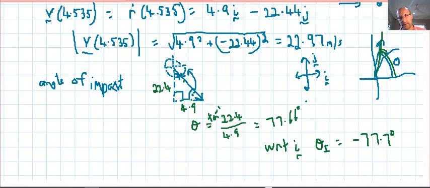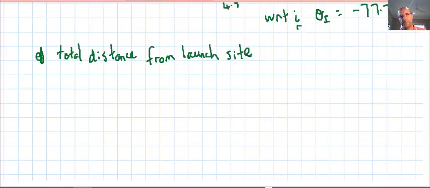Last part of the epic video, total distance from the launch site. Remember, they're not on equal ground vertically, and it's gone a distance horizontally, so it's actually going to be a displacement job.